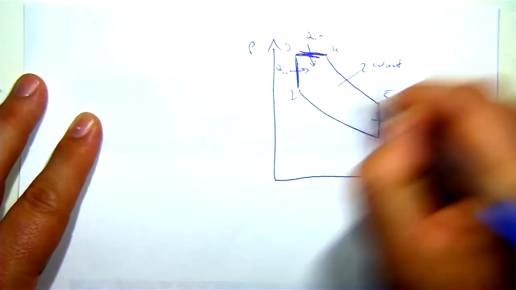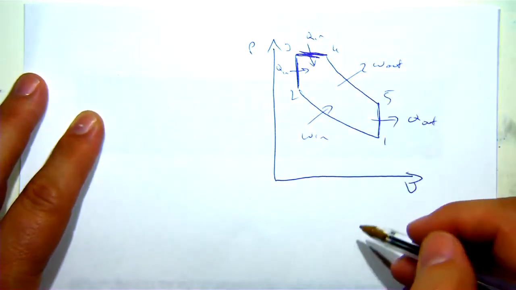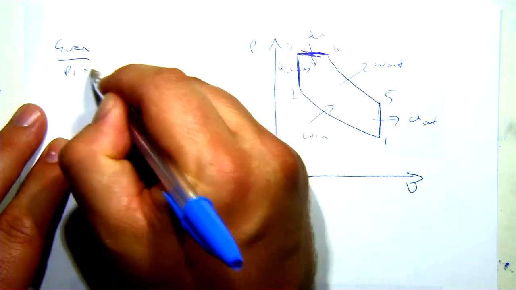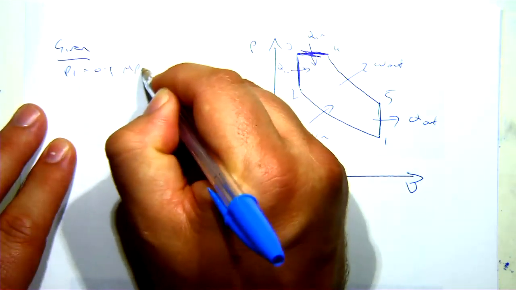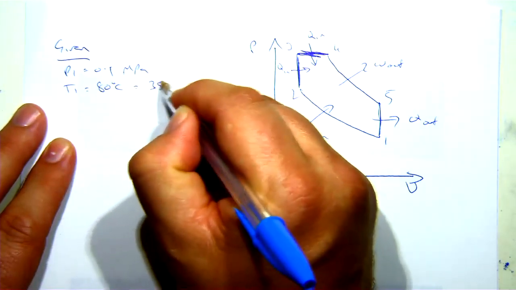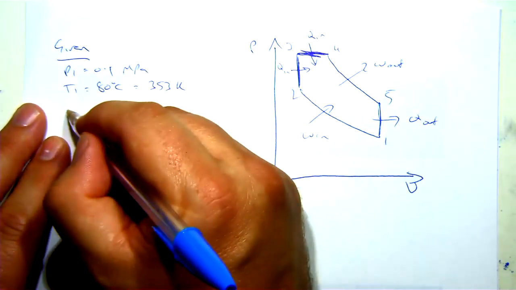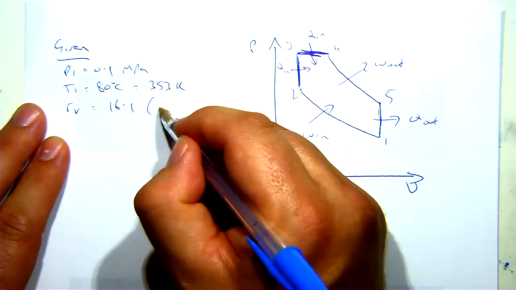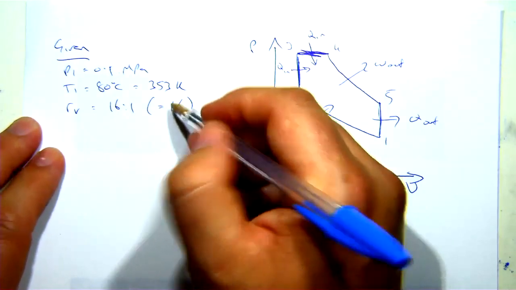work out, work in. So, given P1 equals 0.1 megapascals, T1 equals 80 degrees C equals 353 Kelvin. Given Rv equals 16 to 1, or let's just say equals 16.